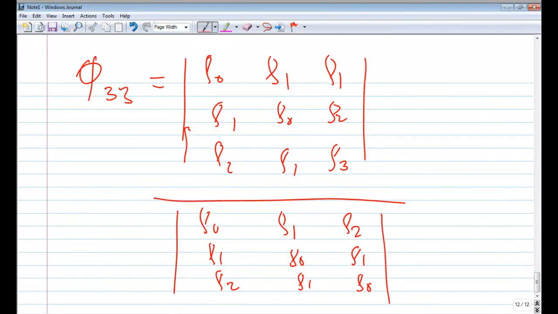Do you have your lecture notes? Just compare with what I wrote there. It's supposed to be row 0, row 1, row 1, and on the numerator the second matrix is row 0, row 1, row 2. And remember the row 0 in the second one, the denominator, is on the diagonal. You see that one?